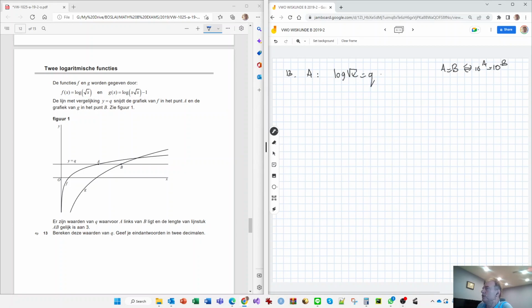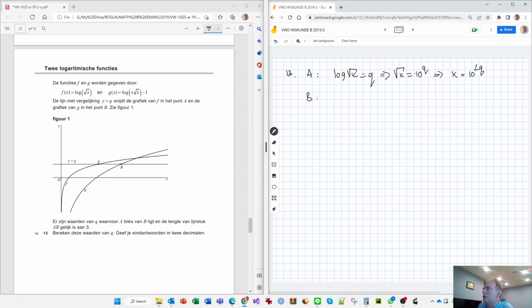So I find that the square root of x is, no, not q, 10 to the power of q, which means that x is, if I square both sides, 10 to the power 2q.